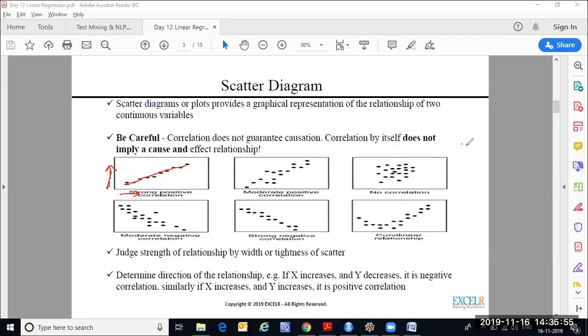Correlation coefficient, small r. We look at the correlation coefficient to understand the strength of the relationship. It also tells us the direction of the relationship by using a plus or minus sign, right?